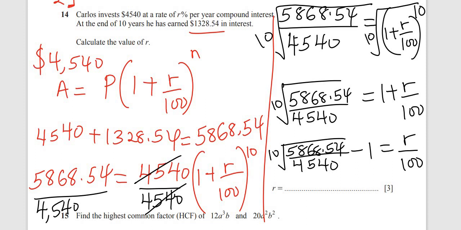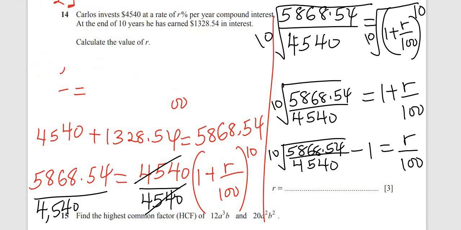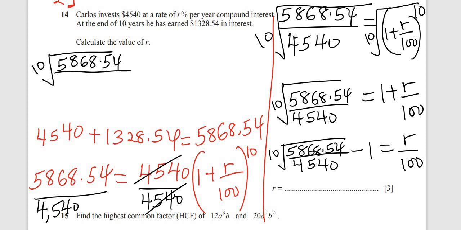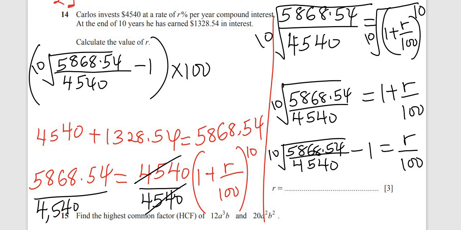So then we can again multiply both sides. So we can multiply both sides by 100 for us to be left with r. So it's going to be the 10th root of 5,868.54 out of 4,540, take away 1, then we multiply all these by 100, and that's going to give us the rate, which is r.